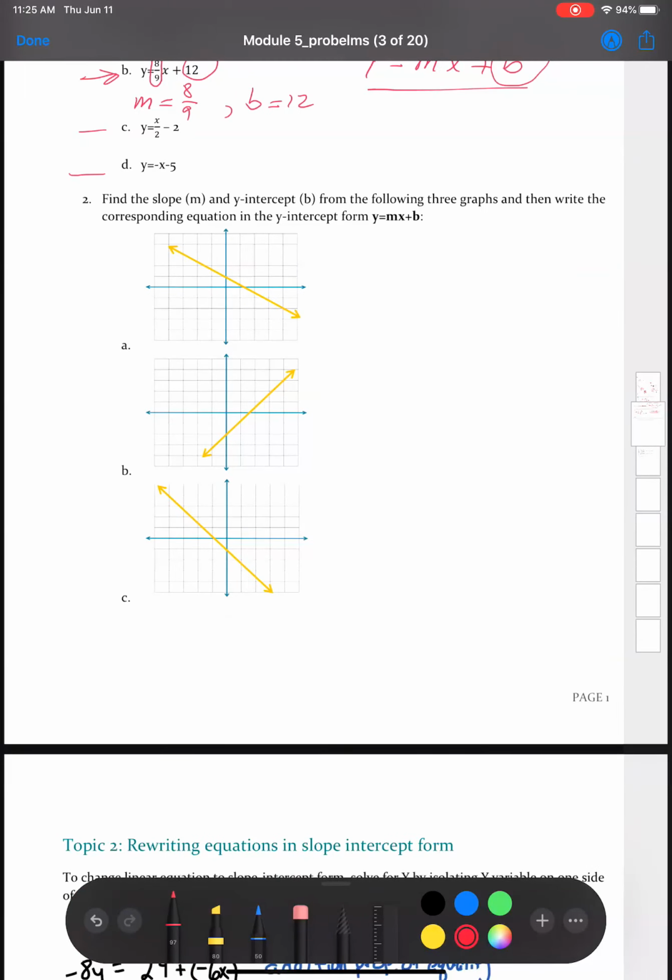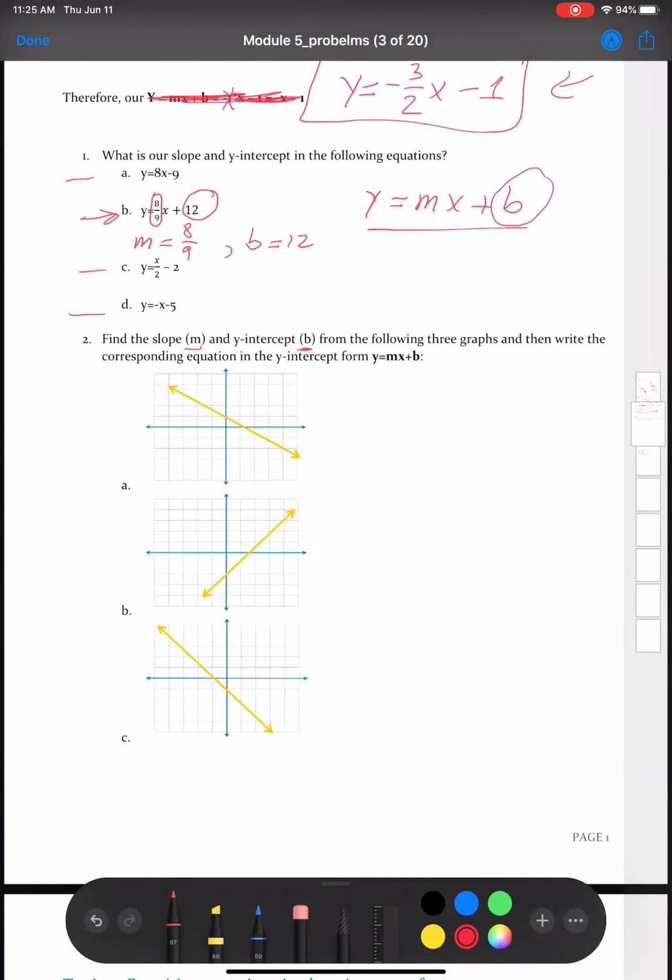Okay, and then number two, it says, find the slope, m, and the y-intercept, b, from the following three graphs, and then write the corresponding equation in the y-intercept form, y equals mx plus b. So you have a couple of different things that you need to do here.